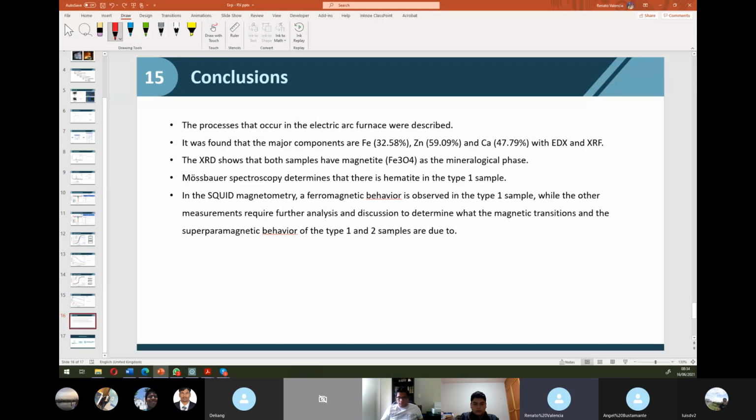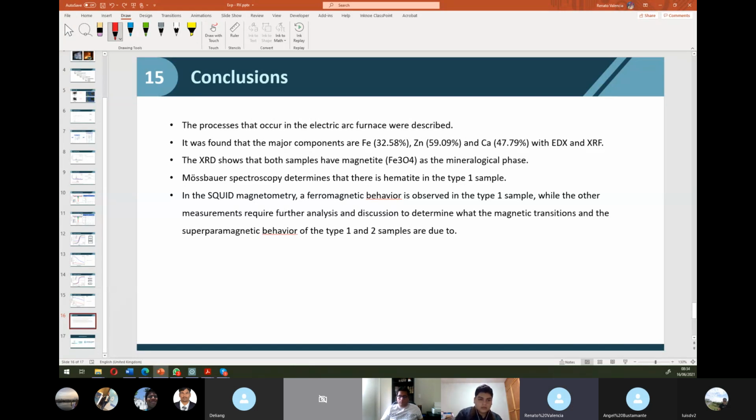Conclusions. In conclusions, the processes that occur in the electrical furnaces were described, and it was found that the major components are iron, zinc, and calcium, with energy dispersive X-ray and X-ray fluorescence. X-ray diffraction shows that both samples have magnetite as a mineralogical phase.